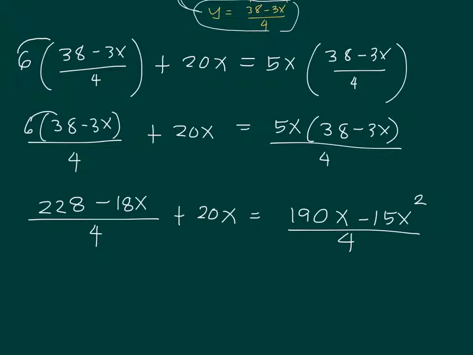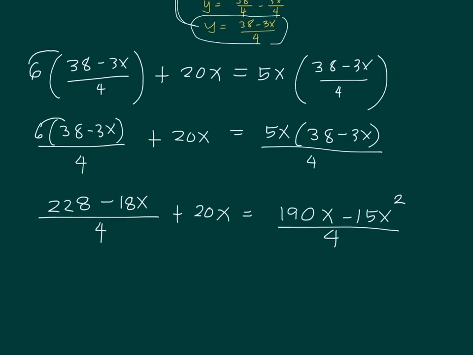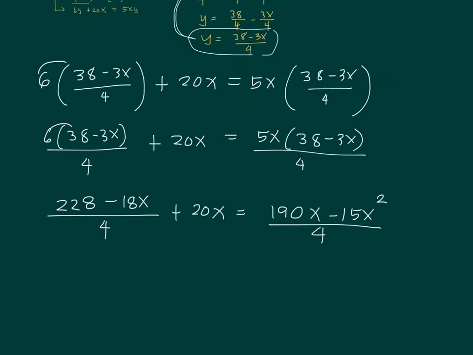I would like to eliminate the denominator. So that will be by multiplying both sides by 4. So the 4 in the first fraction will be cancelled. So you have 228 minus 18x. So it will get cancelled by 4. Okay?